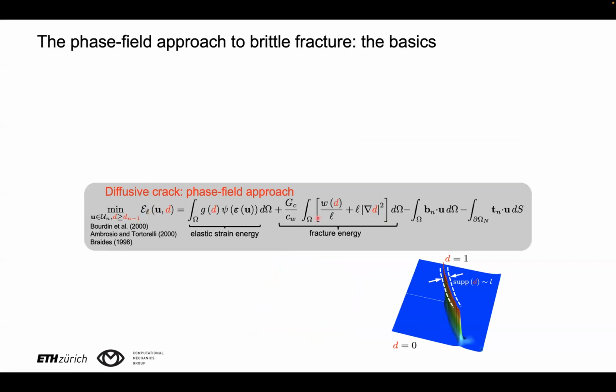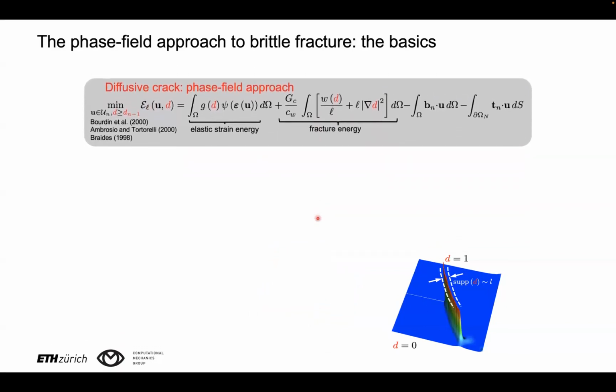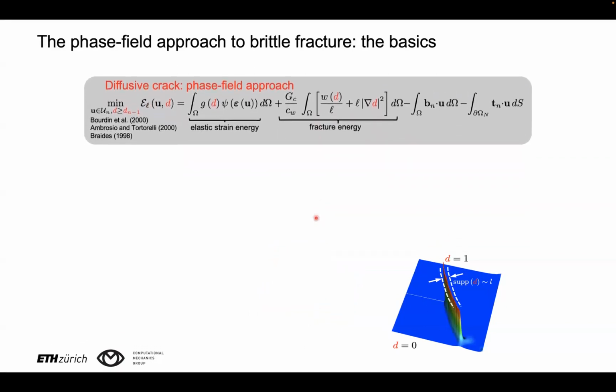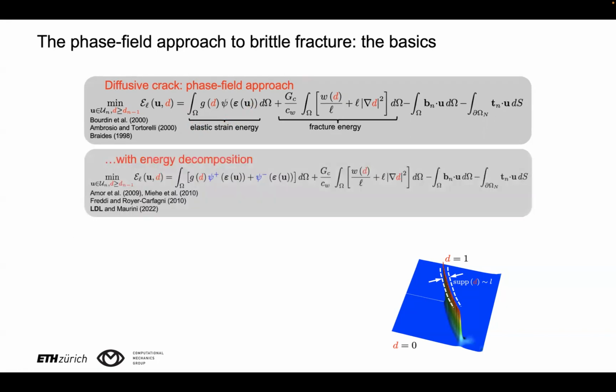Okay, now I haven't told you the entire story, because if you were using this functional and performing the constrained minimization of this functional and deriving from this the governing PDEs leading to the solution of the problem, you would have a symmetric behavior in tension and compression, which is typically not realistic for brittle materials.